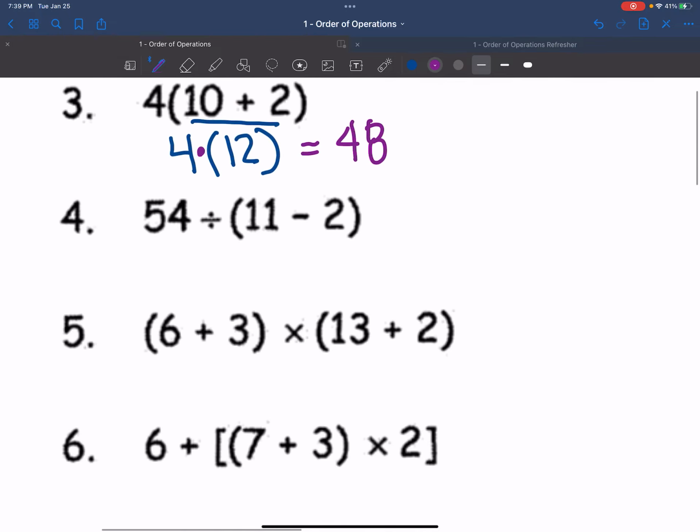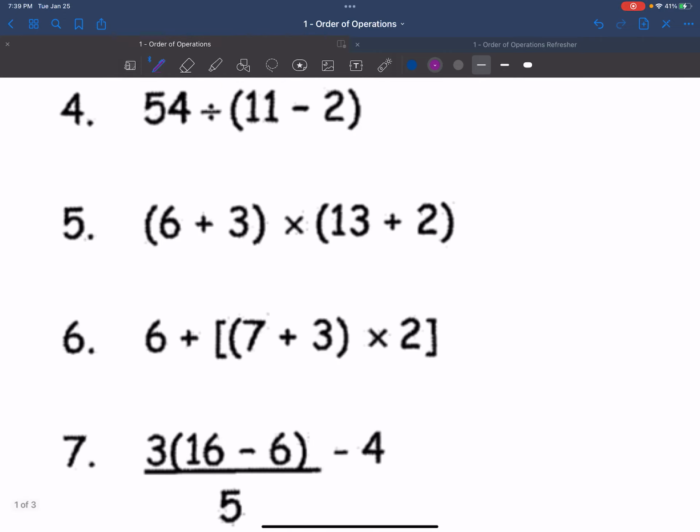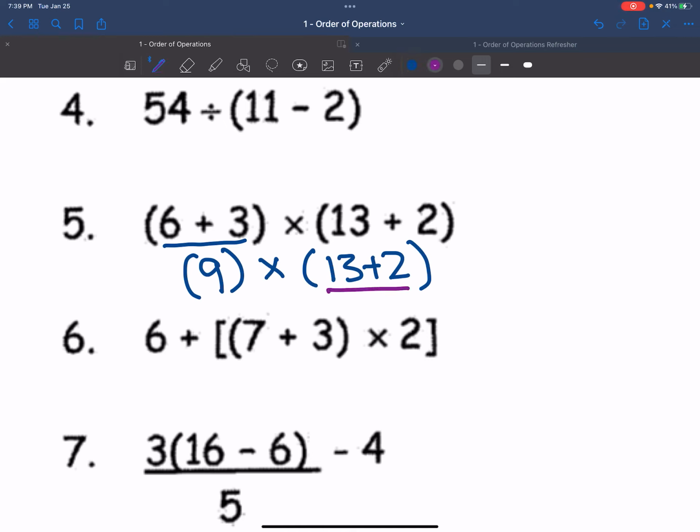All right, the next one we're going to do, we'll do 5 together. So 5, we do the parentheses first. So the first parentheses we see here, we got 6 plus 3. 6 plus 3 is 9. So now we have 9 times 13 plus 2. We got another parentheses we can do work in. So we do 13 plus 2. 13 plus 2 gives us 15.